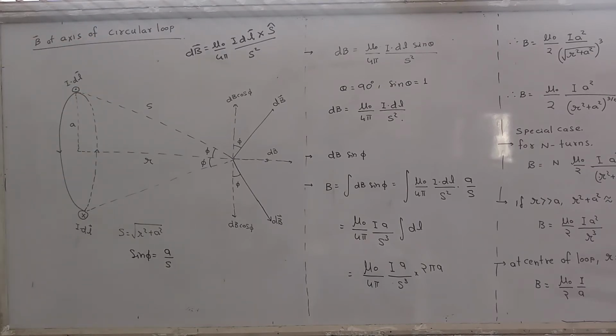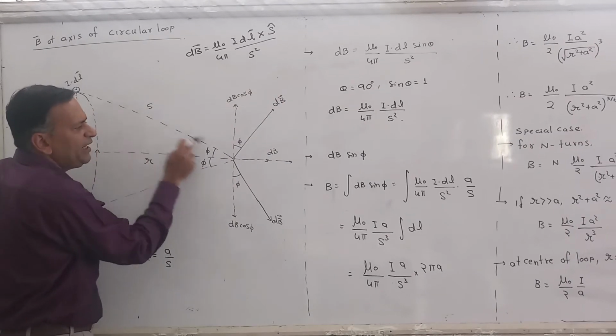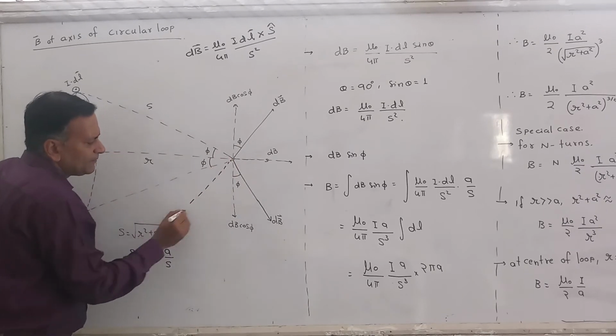So I have to draw a direction which is perpendicular to S. Now there are two such possible directions. This is one direction. You can see this is perpendicular to S. There is one more possible direction.